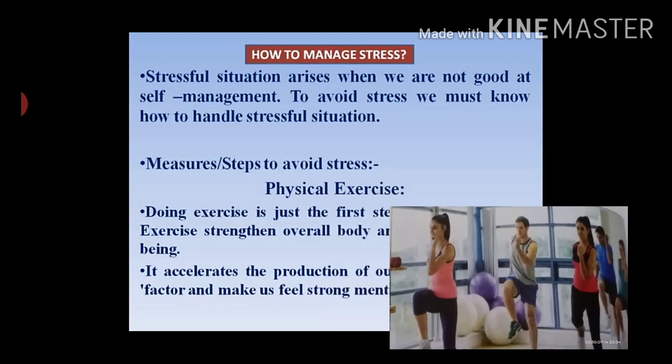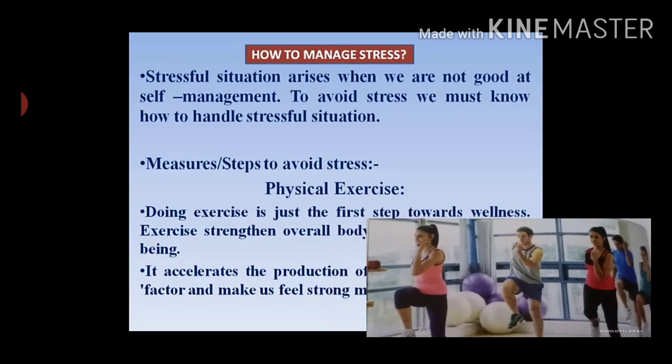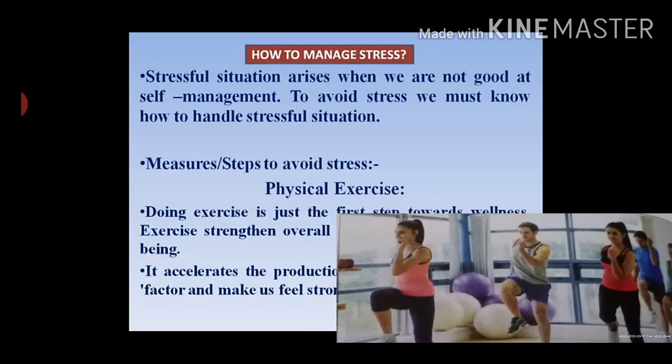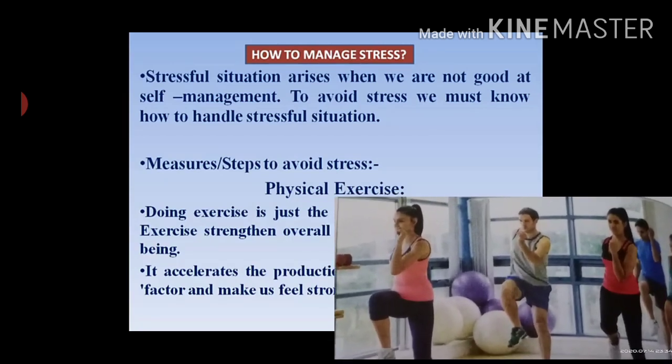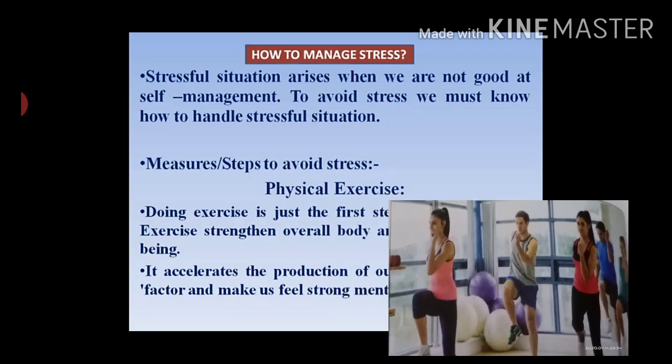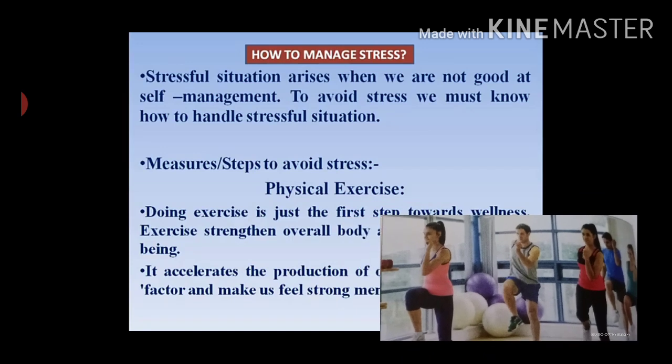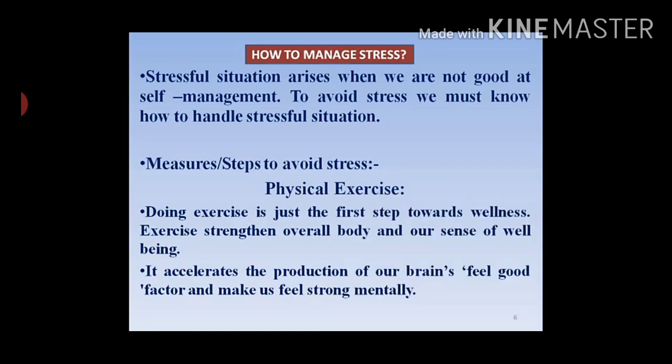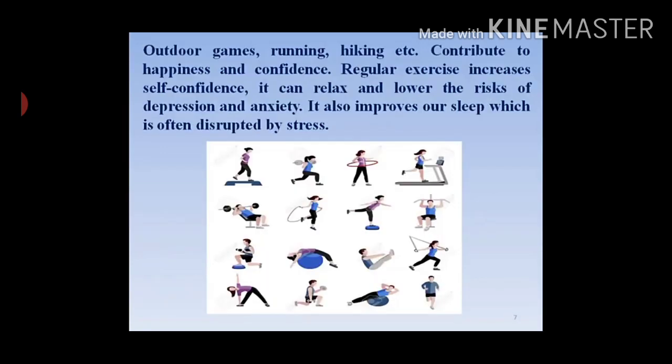So you can see that there are so many benefits of physical exercise, and in our daily life we should find a time for doing exercise, for at least 30 to 40 minutes.